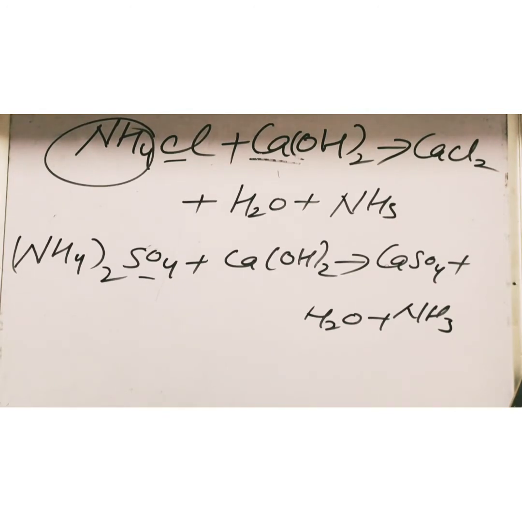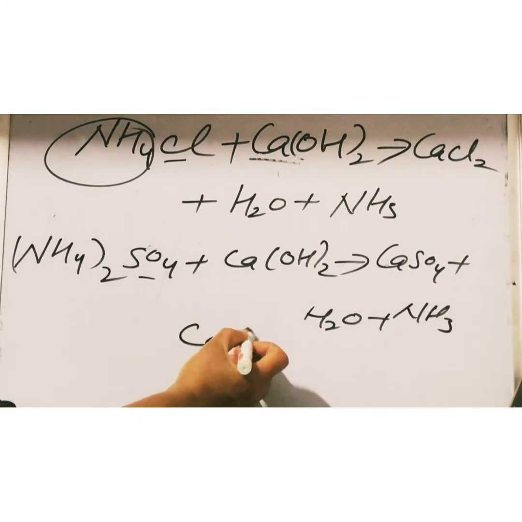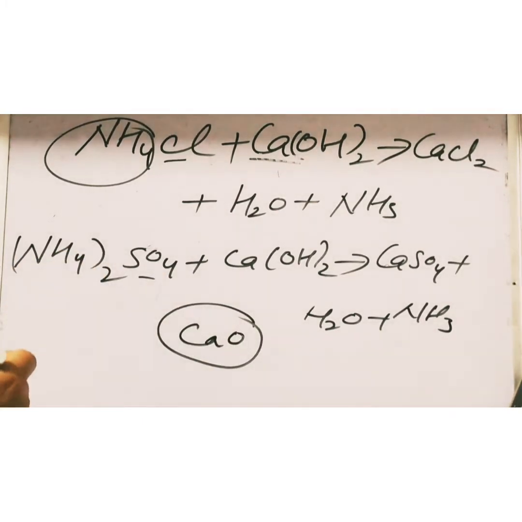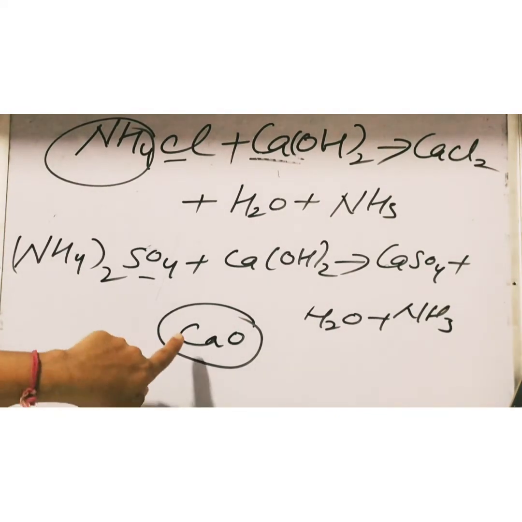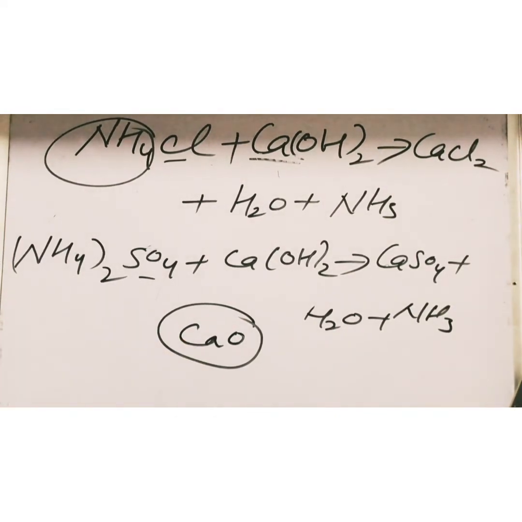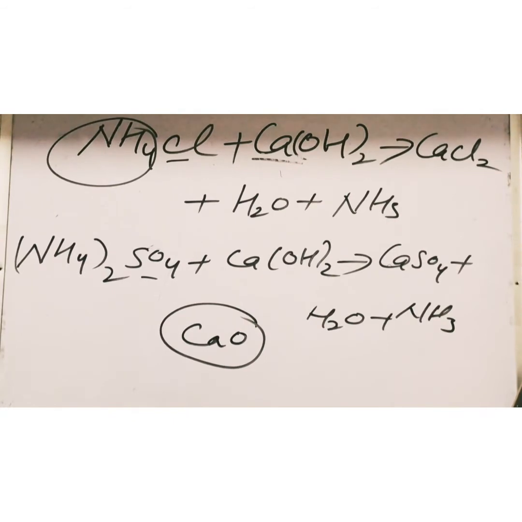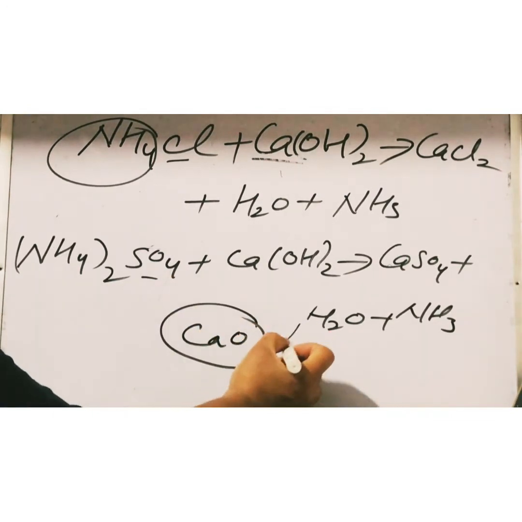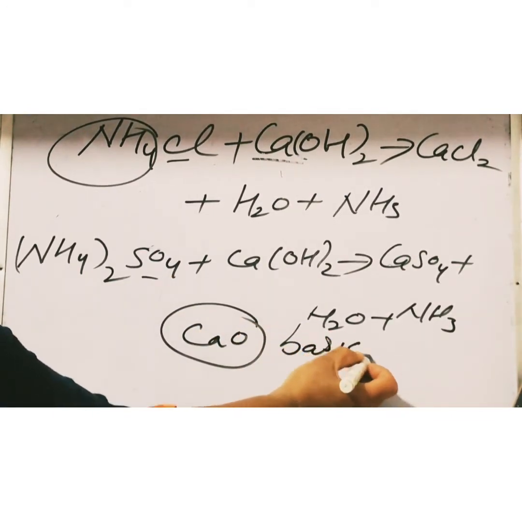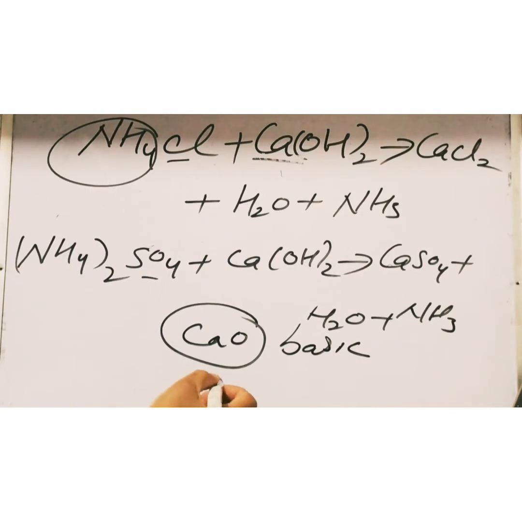Quicklime. What is the formula of quicklime? CaO, calcium oxide, a metal oxide. What is the nature of CaO? It is basic in nature. Ammonia gas is also basic in nature.